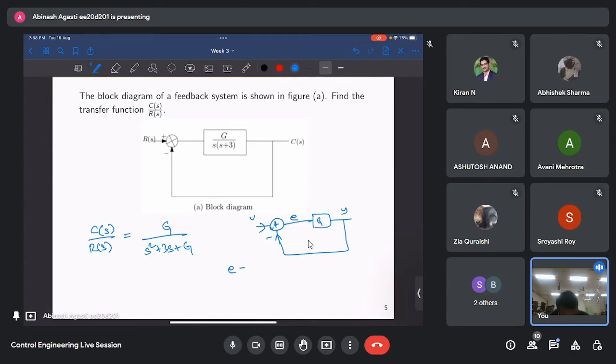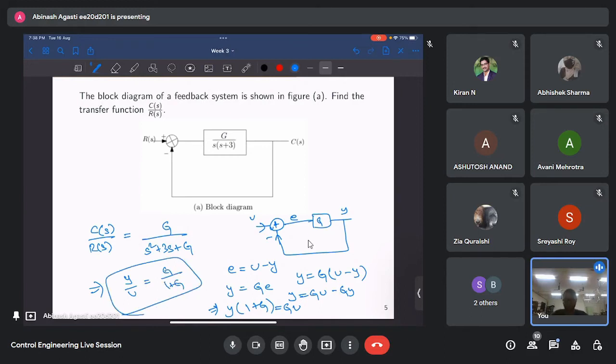So E is basically U minus Y and Y is basically GE. So Y is G(U minus Y). So Y is equal to GU minus GY. So Y into (1 plus G) is equal to GU. This implies Y by U is equal to G by 1 plus G.